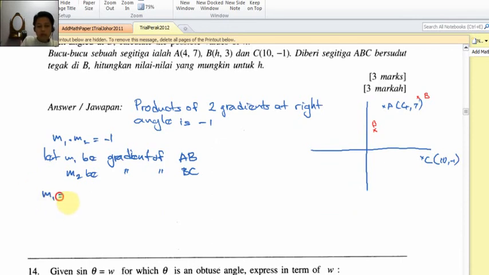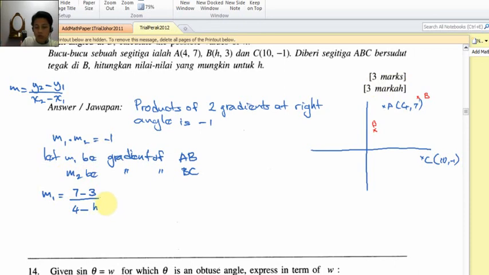Then m1 is equal to, remember the formula of the gradient, m is equal to y2 minus y1 divided by x2 minus x1. So m1 now is 7 minus 3, where 7 is the y coordinate of point A and 3 is the y coordinate of point B, over 4 minus h.